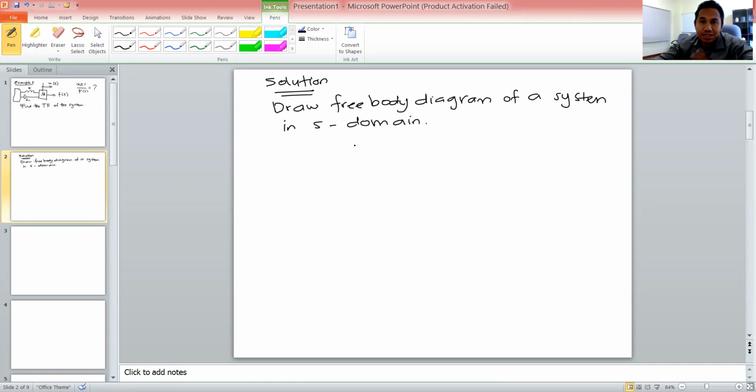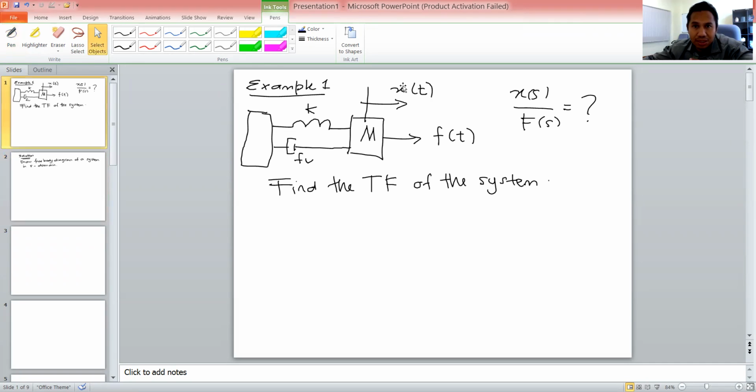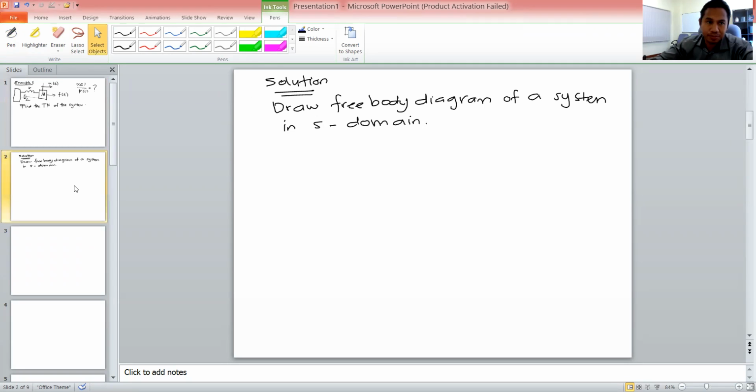What was shown earlier is in T domain, all ST, FT and so on. In the T domain we have K and FB. When we change to S domain, it will come like this.